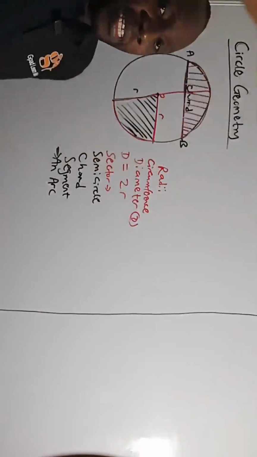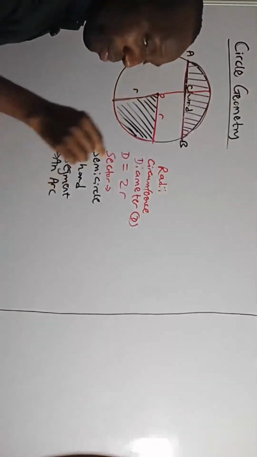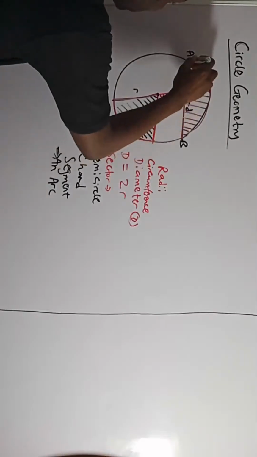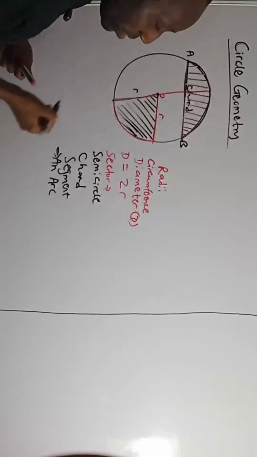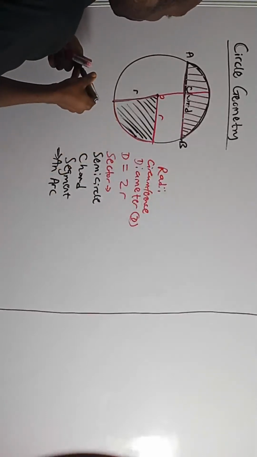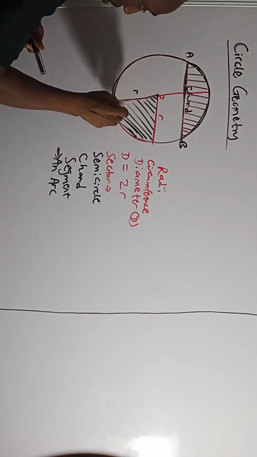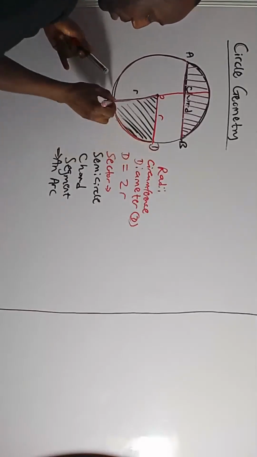It's not the complete distance around the circle. So I can describe this right here, from here to here, as an arc. Notice it's not the complete circumference. If I call this C, from A to C is an arc. From C to D is also an arc.